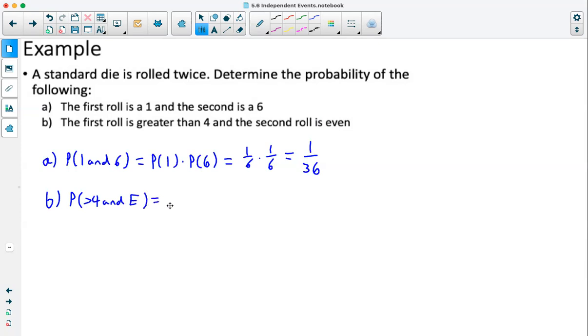So we'd have the probability that it's greater than 4 times the probability of even. Now greater than 4, that'd only be 5 and 6, so that's 2 out of a possible 6 possibilities. And even is exactly half of them, so 3 out of 6. Multiply those together, reduce to lowest terms, and we get 1/6.